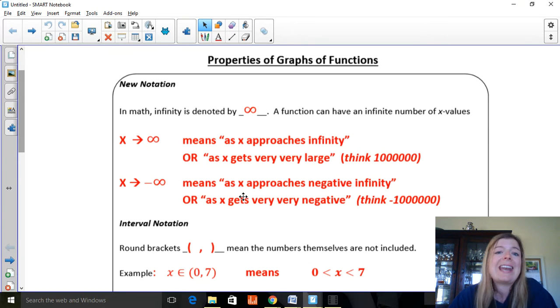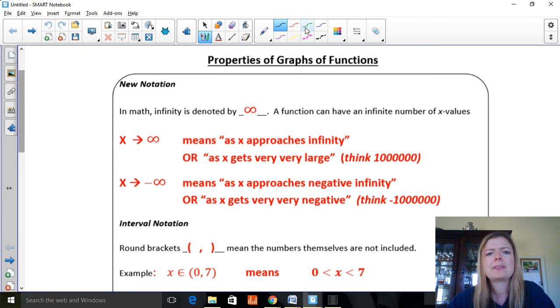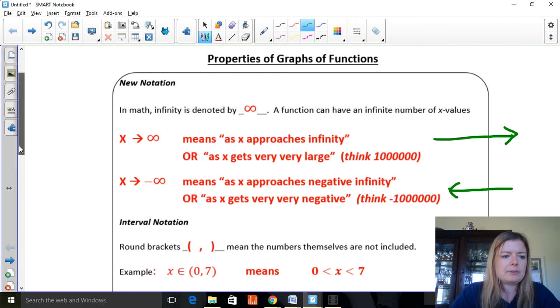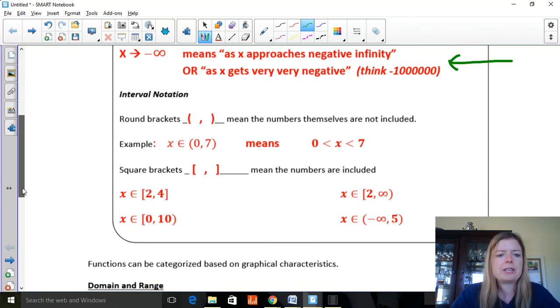Think about putting negative a million into your function. For a function, x approaches infinity is what happens as you go further and further to the right, and x approaches negative infinity is what happens as you go further and further to the left, visually when you're looking at a function. So that's infinity.